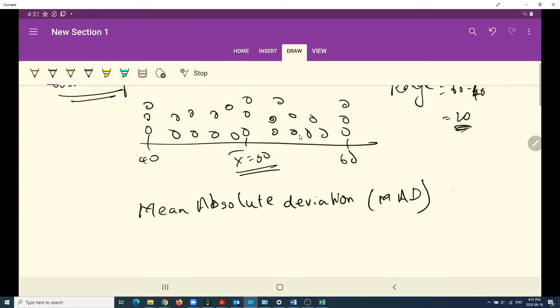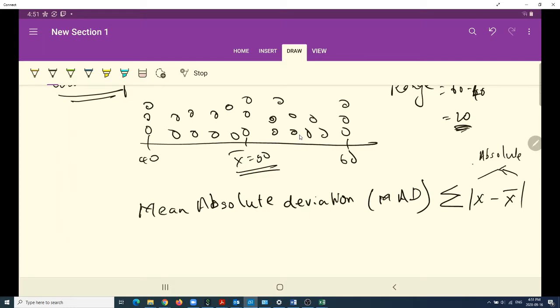So it's the summation of the individual observation, which is x, minus the average. What do the straight brackets refer to? This means it's absolute, so even if the difference between these two is negative, you still take the positive value.